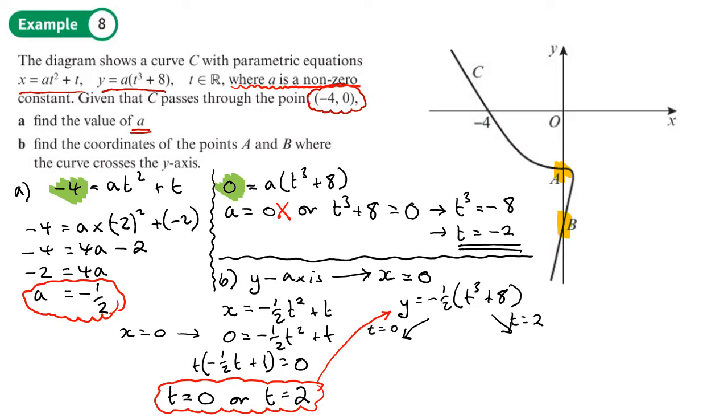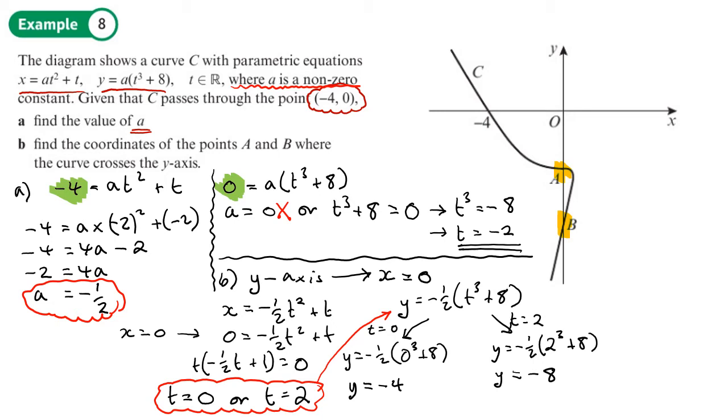So over here, if I substitute in t equals 0, so -1/2 times (0 cubed plus 8), that gives me y equals -4. And over this side, if I plug in t equals 2, that's y equals -1/2 times (2 cubed plus 8). So that's going to be 8 plus 8, which is 16. Half of 16 is 8, so I'm going to have -8.